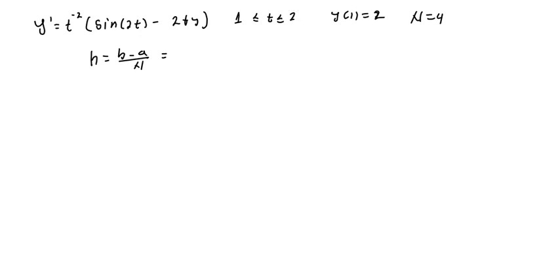So that would be 2 minus 1, divided by 4, which is equal to 0.25. So our h is equal to 0.25.